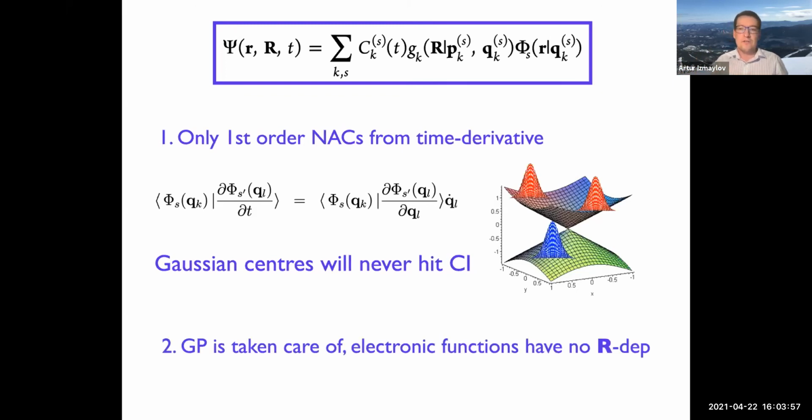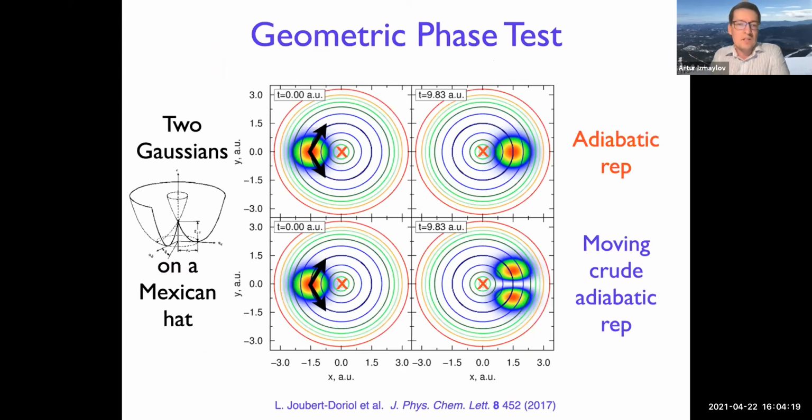Now, geometric phase effects turn out to be taken care of, because you no longer have electronic functions that introduce double-valuedness because of their nuclear coordinate dependence. All right, and then all the problems go away because of that. To see that this is indeed happening, we first looked at two Gaussians on the Mexican hat problem.